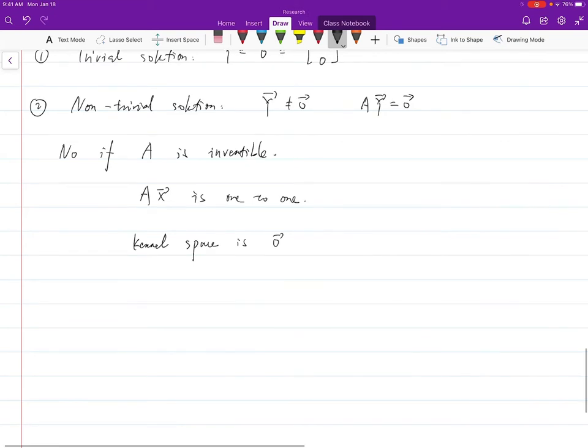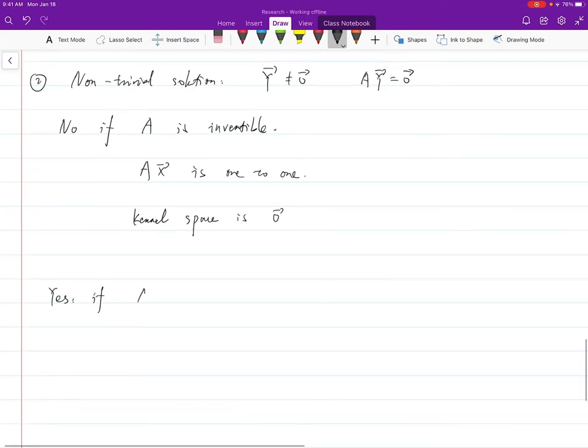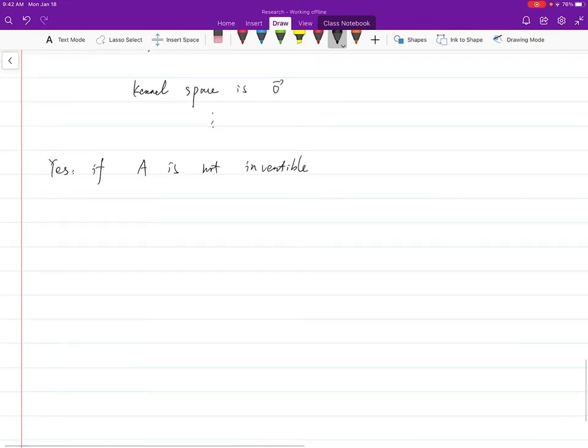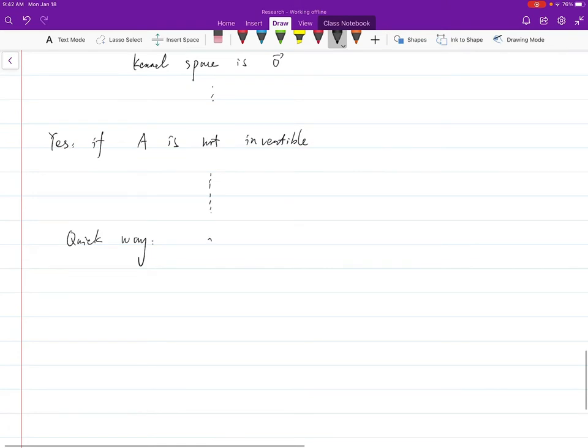So basically the answer is no. But yes, if A is not invertible, if Ax is not 1-to-1, if the kernel space is actually 1-dimensional or 2-dimensional. We have a lot of ways to say it, but we want to pick a quick way. That is when we take the determinant of A and set it to be 0.